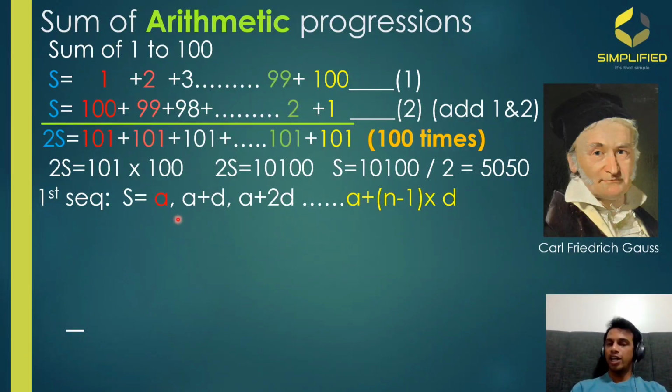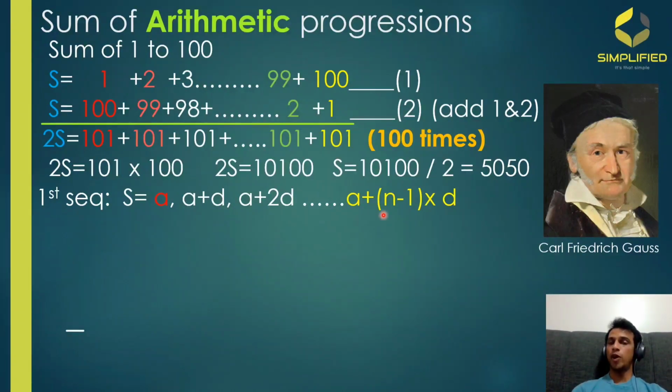If you need to find the second term, you only need to add the first term with the common difference, then you will get the second term. So that is what we did here, a plus d. Now if you want to find the third term, we need a plus d plus d, or otherwise a plus 2d. So this is a representation of a sequence in a universal format.